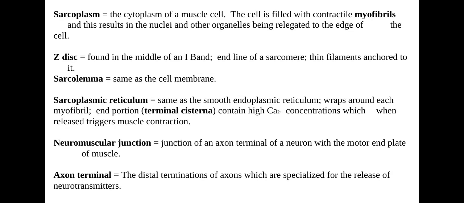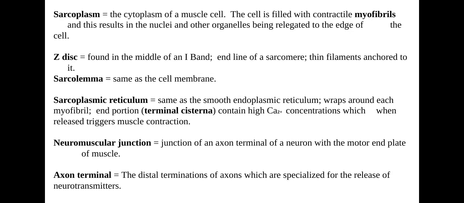It's going to wrap around the myofibril, and at the end, it will have a terminal cisterna, which is going to contain calcium. And that's how we're able to release calcium when an impulse reaches into the T tubule or transverse tubule at the end of these sarcoplasmic reticulum.